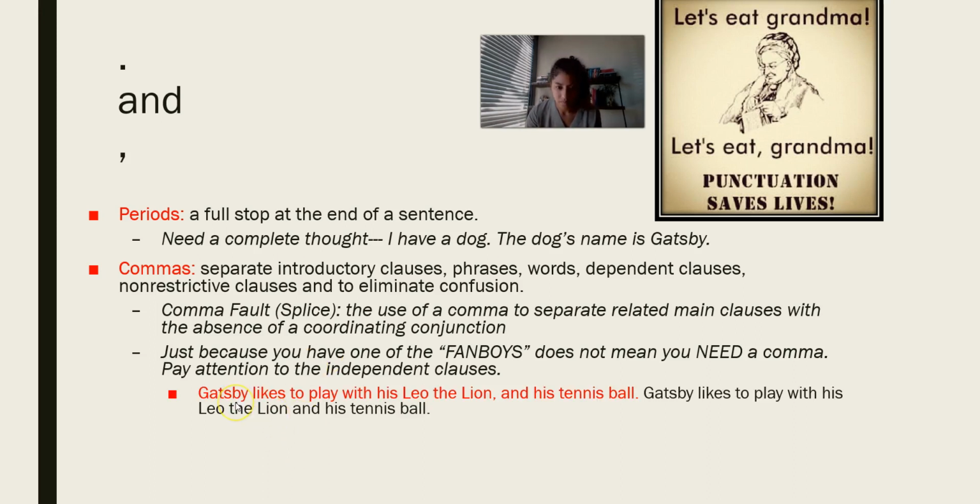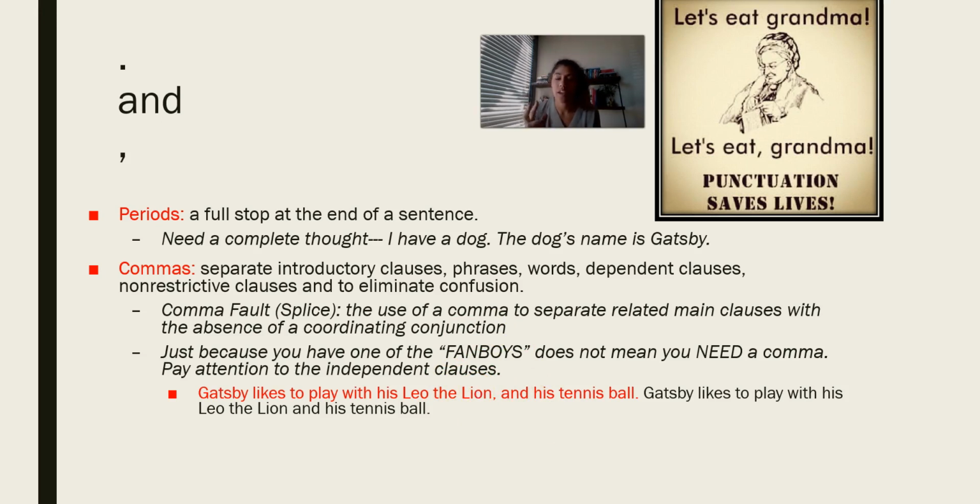As an example, Gatsby likes to play with his Leo the lion and his tennis ball. We don't need a comma here because what follows isn't a complete thought. This is just listing the two things that Gatsby likes to play with. This is the most common time we see commas embedded where they just don't need to be, and it creates this weird pause.